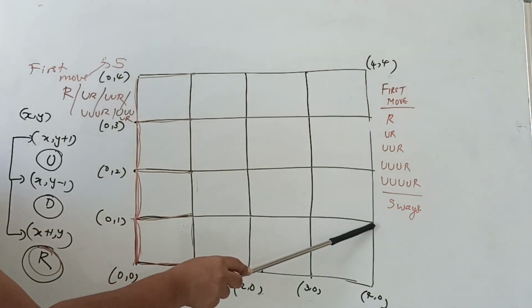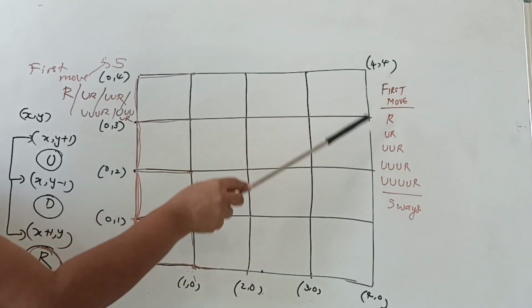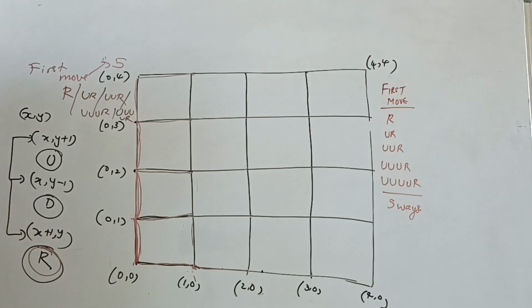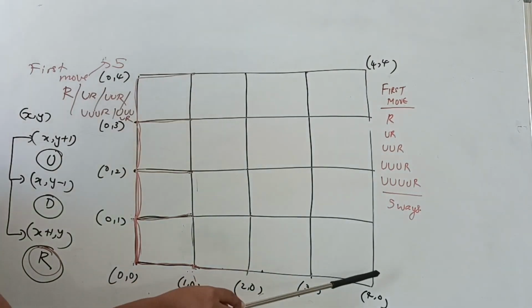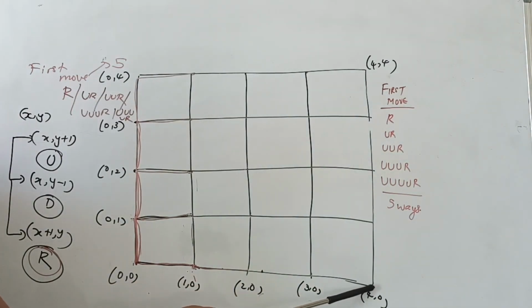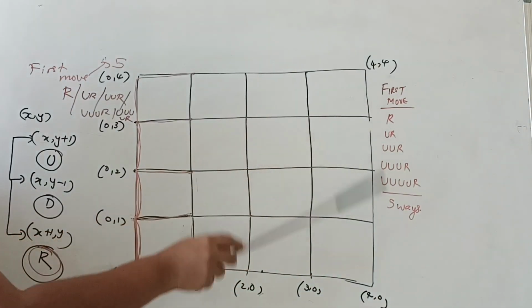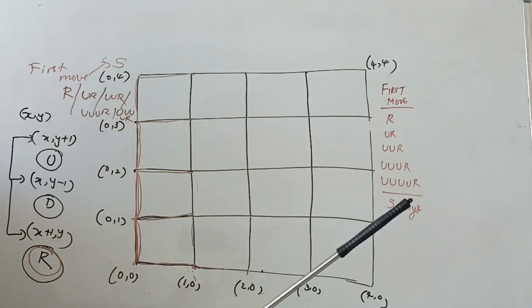If he is at the point over here, he can move only up. From here only up, from here only up. So when he reaches the last line, there is only one way, moving up, but in all of these other vertical lines, he has 5 different ways.